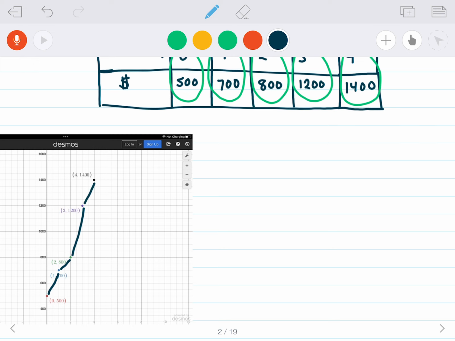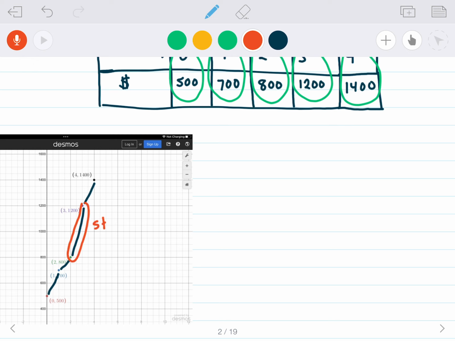Okay? And the way that I'm going to analyze this is by looking at how steep that connecting line is, right? Which connecting line is the steepest? Look at these. We have 1, 2, 3, 4 connecting lines, and what I want to know is which one is the steepest. Well, the one that would be hardest to climb if you had to climb these things would be this one.